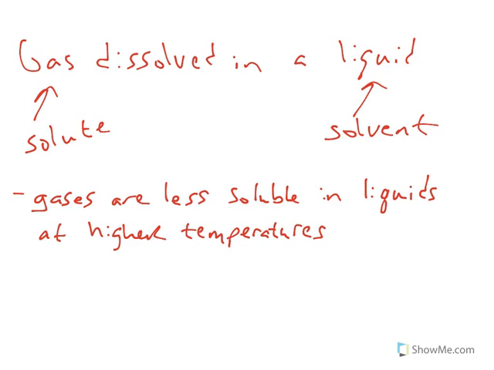Why is that? Well, if you have a gas in a liquid, remember gases are always trying to escape. They can escape much more easily when they are given more thermal energy. So if you cool the solvent down, you're making it harder for the gas to escape.